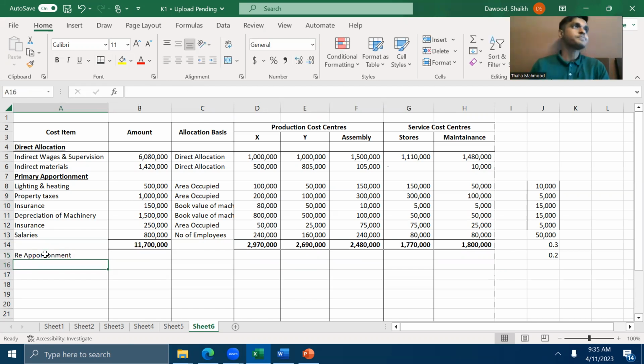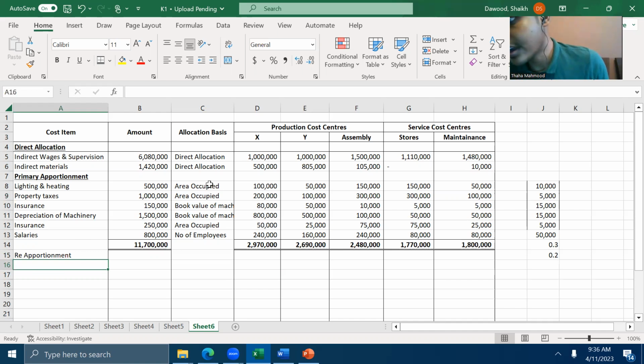For reapportionment, there are three ways. The direct method is the first way. The second method is the reciprocal service method. Hold on, there are four methods.